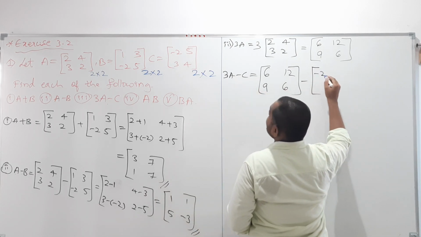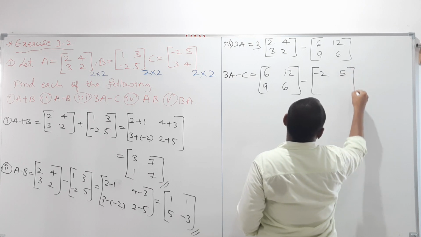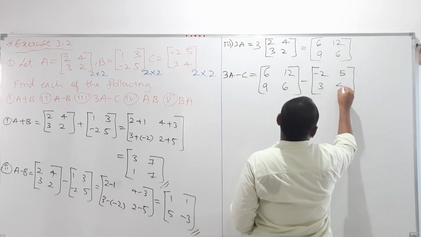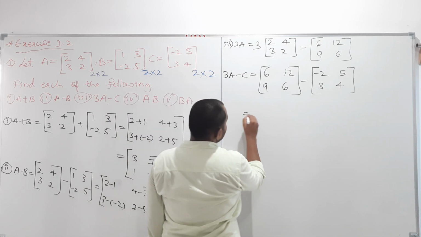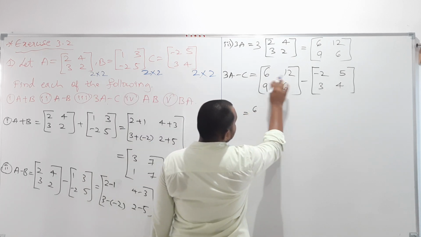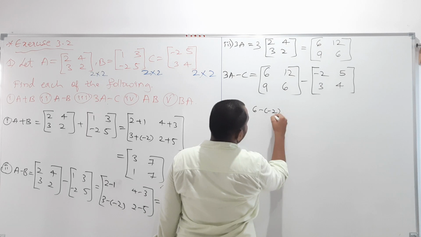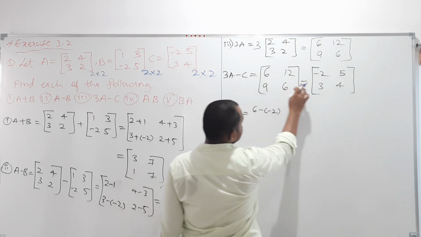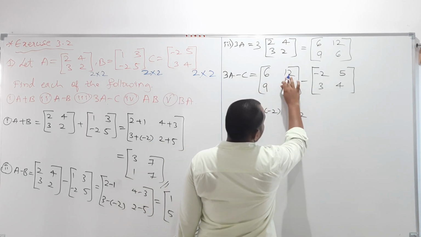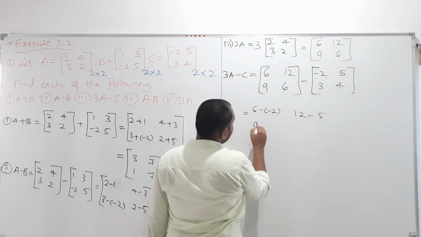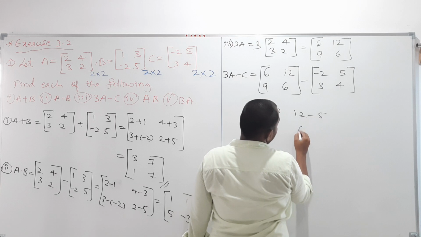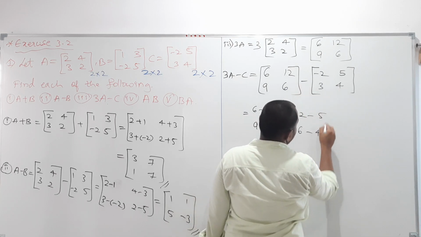C is minus 2, 5, next 3, 4. Now subtract these matrices. So this is equals to, my dear students, 6 minus of minus 2, next 12 minus 5, 9 minus 3, next 6 minus 4.